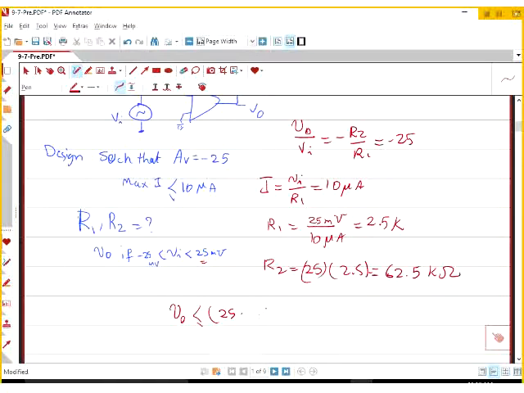So 25 multiplied by 25 millivolts, and minus 25 millivolts, which is VO: 625 millivolts, minus 625 millivolts.